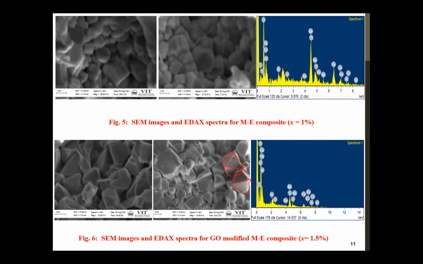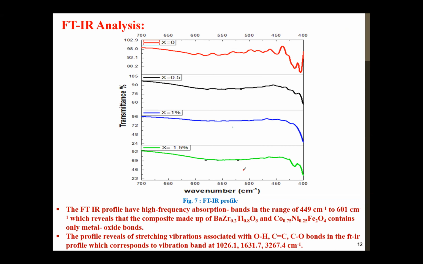To study the bond vibration of the material, we have gone for the Fourier transform infrared analysis. From the FTIR profile, the high frequency vibration bands in the range of 449 to 601 reveal that the composite made up of barium silicon titanate and cobalt nickel ferrite contains only metal oxide.